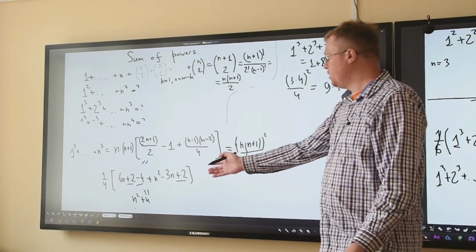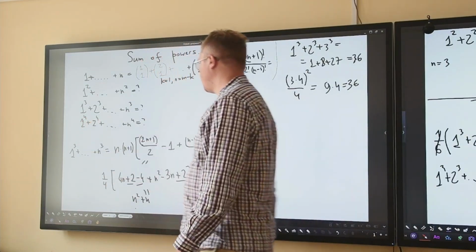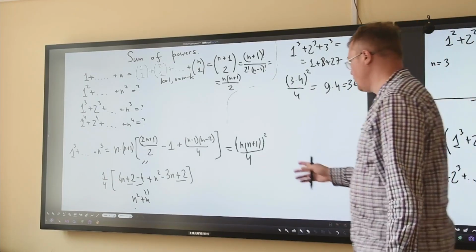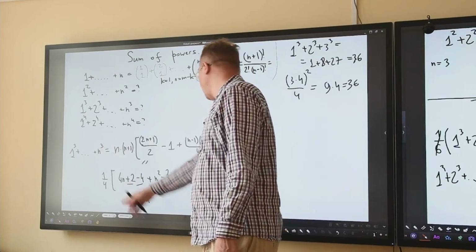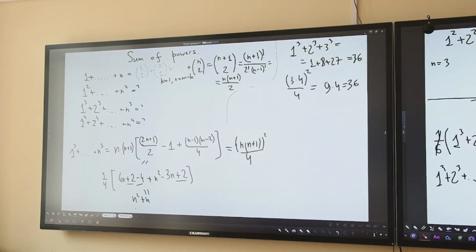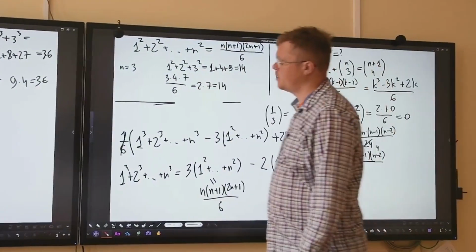So we can continue and find the formula, for example, for fourth power, for fifth power, and so on. It will be a polynomial of n, of degree power plus 1. So here we'll have a polynomial of degree 4. Here we'll have a polynomial of degree 3 when we calculate the sum of the squares.